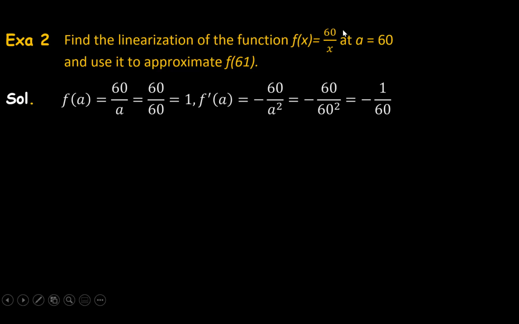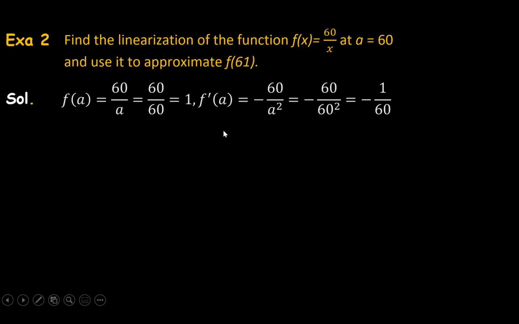This is just x to the negative 1 power, and then use the power rule. That's how you get the minus sign over here, and then you have a minus 2 power, which is a square on the bottom. All right, a is equal to 60, so you have 60 squared, and cancel out a 60 here, you still have a 60 here. So that's f prime(a).